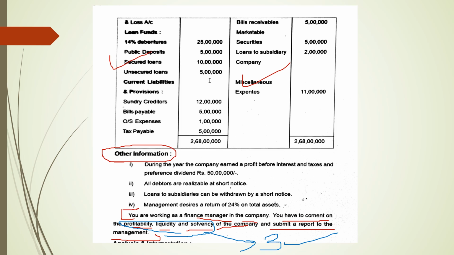And suppose the profit is very good, then you can write the company is doing very well, and they have worked very well, and there is a good image of the company, or they are having profit as per their work. So this type of comments you can write there on the basis of the values you have calculated.